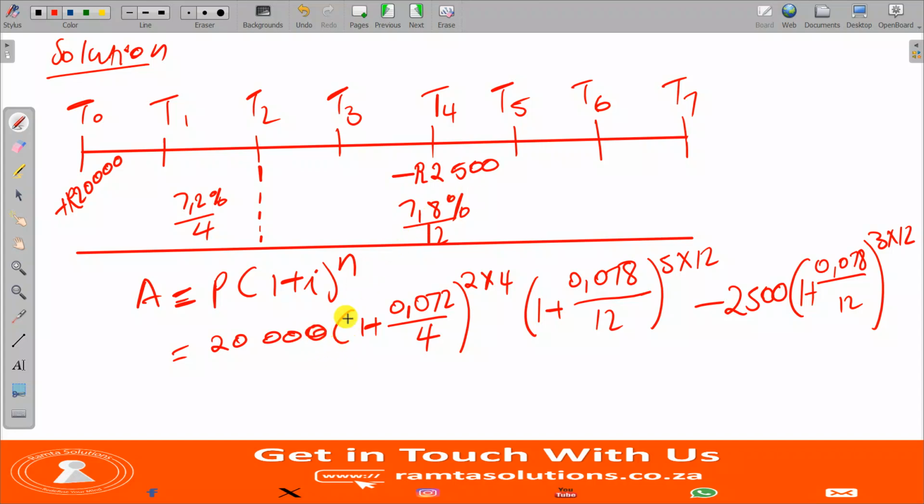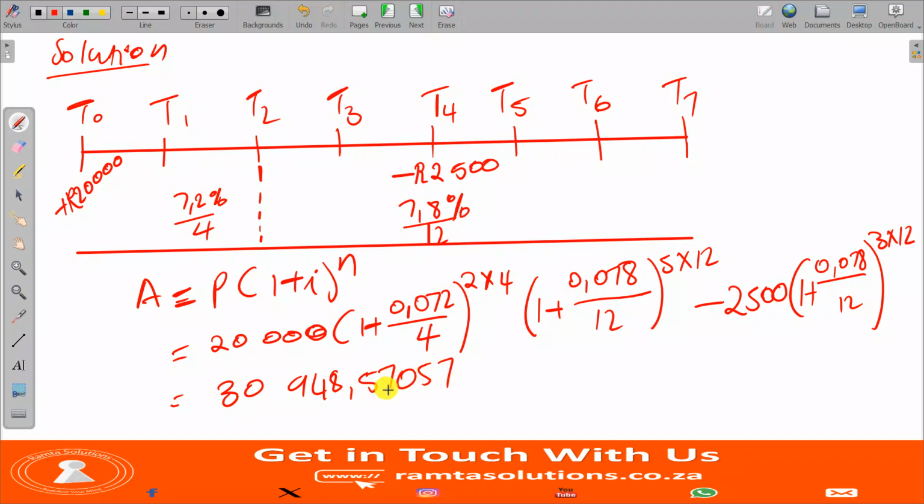It's 3 times 12. So let's calculate this. So this is how you calculate this, guys, okay? So this is 20,000 into 1 plus 0.072 over 12 to the power 8 times 12 plus 0.078 over 12 to the power 60. Okay, so what is this? So this part here is 30,948.57057.